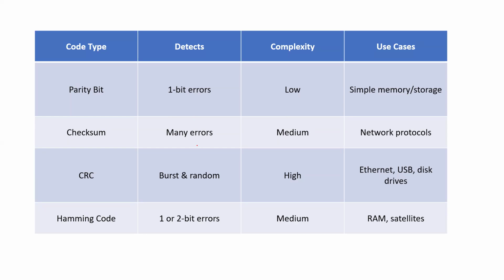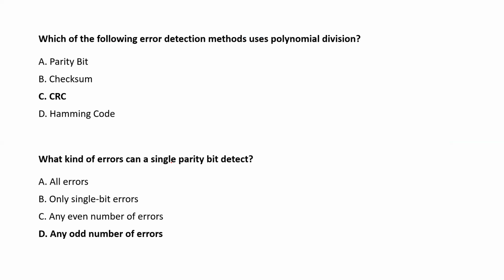Checksum: many errors can be found, medium complexity, used in network protocols. CRC: detects burst and random errors, high complexity, used in Ethernet, USB, disk drives. Hamming codes: detect or correct one or two bit errors, medium complexity, used in RAM and satellites. Now we can see some questions.